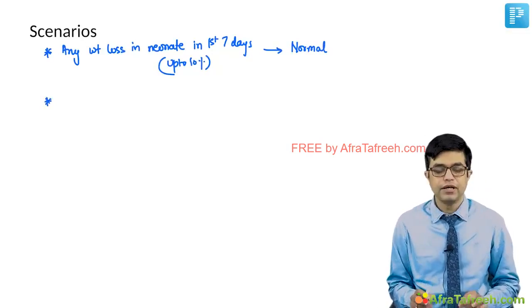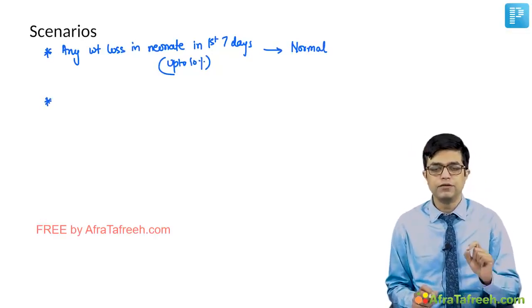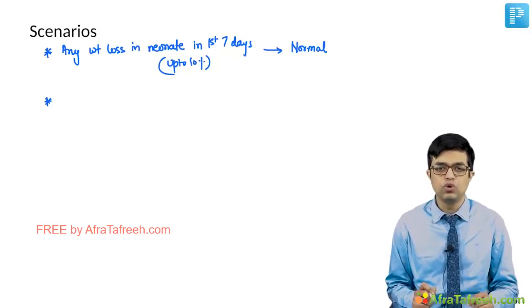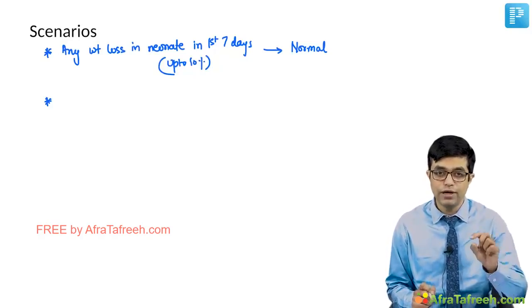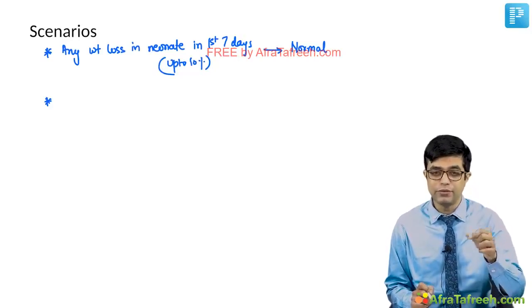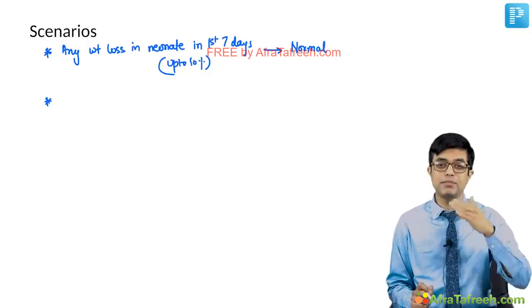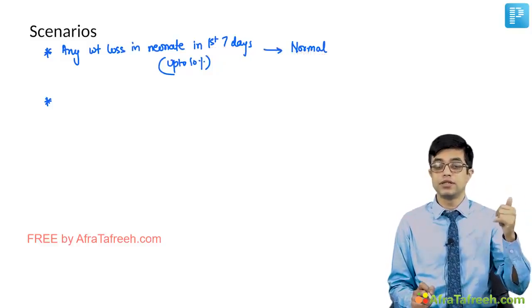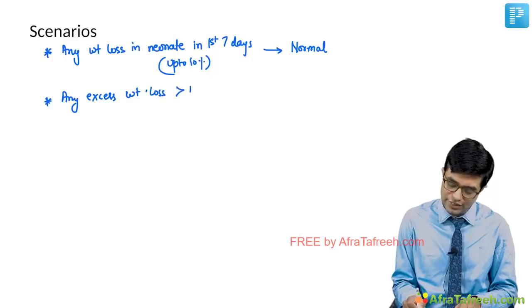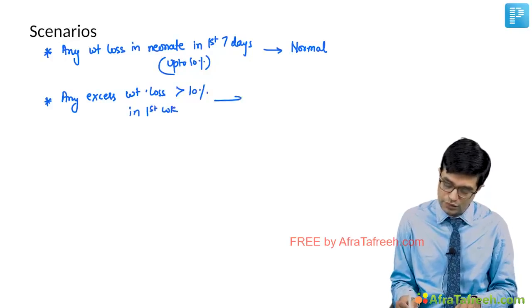Second scenario. Child born at term, birth weight 3 kg. On day 3 of life, weight found to be 2.4 kilogram. Now weight loss has happened, but how much weight loss has happened? 600 gram. If you apply basic mathematics, it is 20% weight loss. This is not normal. So any excess weight loss, more than 10% in the first week, is always abnormal.